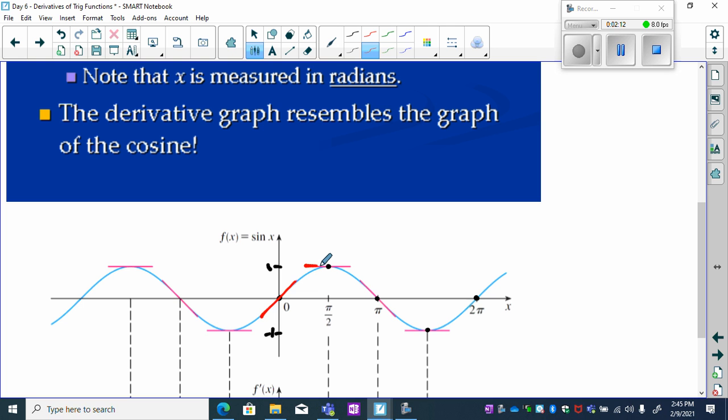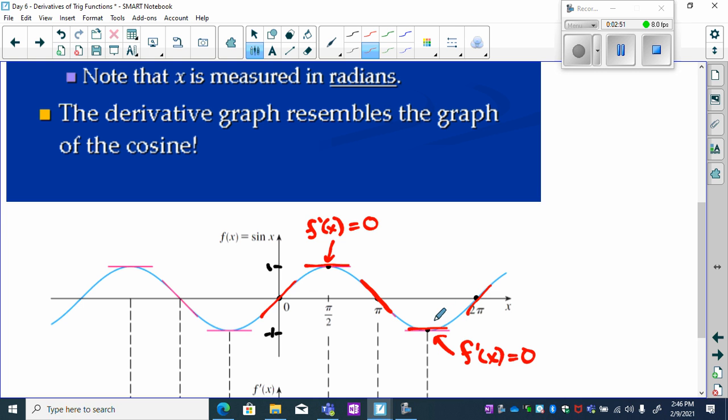There is a tangent line drawn here, and here, and here, and here. Now, if I asked you the slope of this line, or the slope of this line, I think we can all agree that the slope of a horizontal line is equal to 0. So therefore, f prime x, the tangent line, would have a slope of 0. Same thing here. How do I know that? Because this line is horizontal.